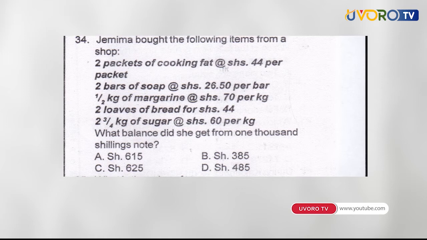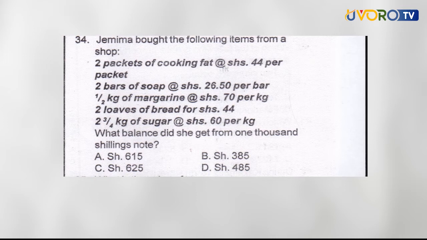A quarter kg of margarine, 8 shillings 70 per kg. 2 3/4 kgs of sugar.